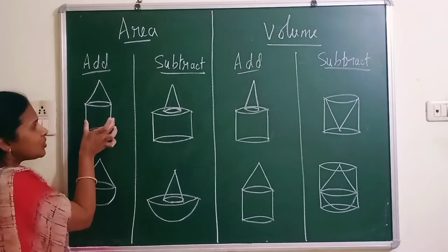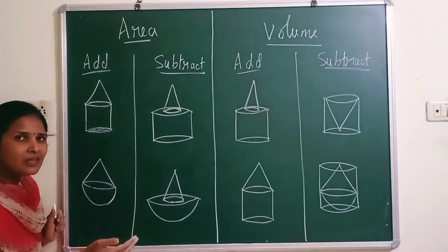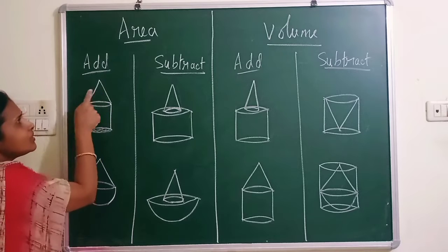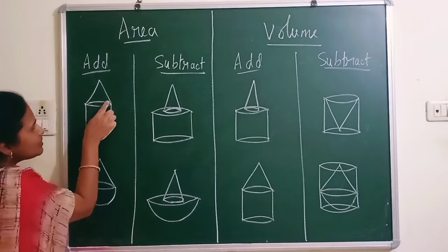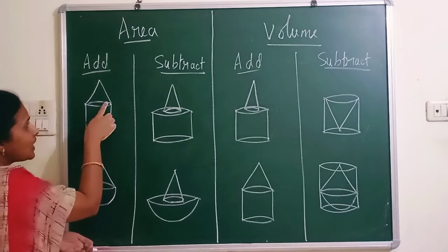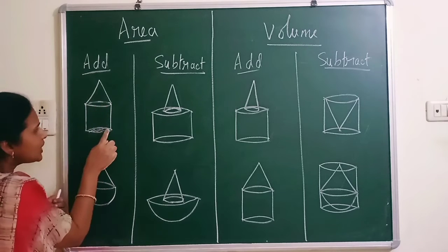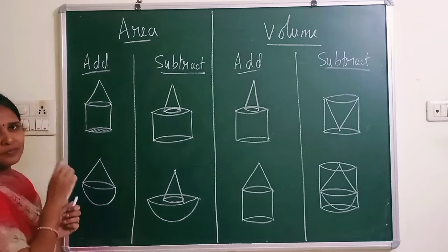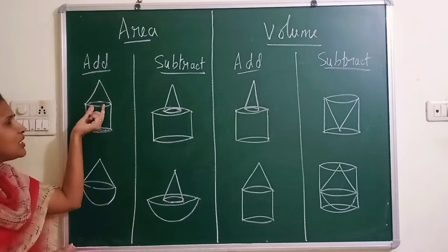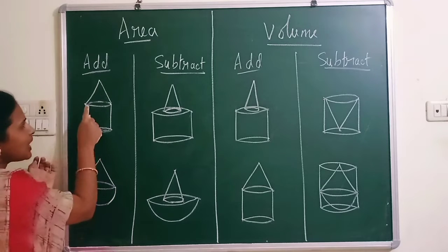Yes, the CSA of the cylinder, because I can see the CSA of the cylinder plus the CSA of the cone. This middle circle I cannot see because it coincides, so don't add it. But you can see the base of the cylinder. The top of the cylinder and the base of the cone coincide, so we cannot see this part.